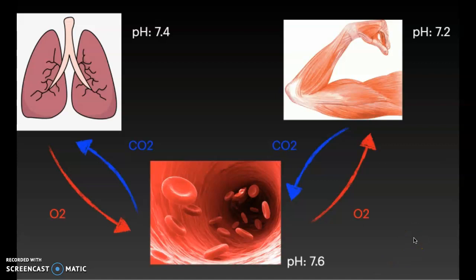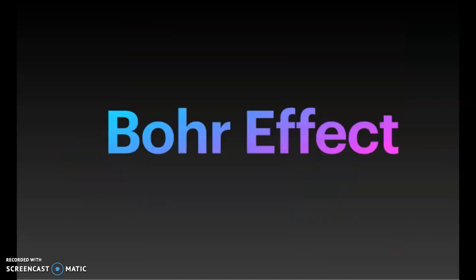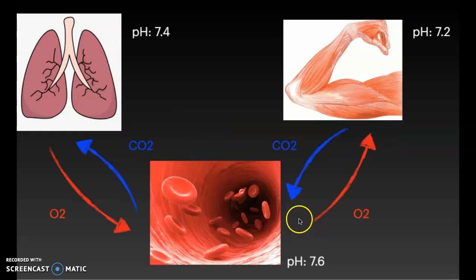So this is what's called the Bohr effect, when hydrogen ions and carbon dioxide cause oxygen to be released in the tissues. One thing of note is that the decreasing pH causes oxygen affinity to decrease for hemoglobin. So this is why the pH of the bloodstream is higher.